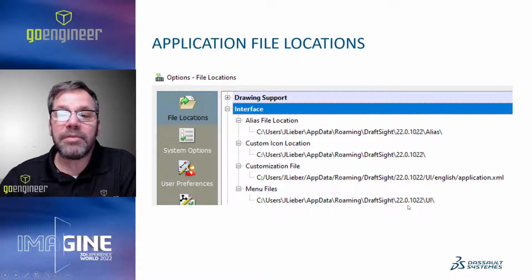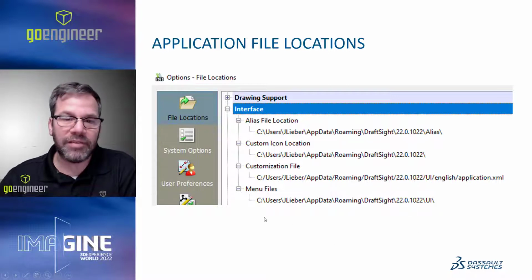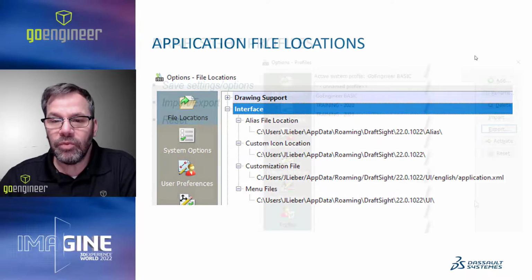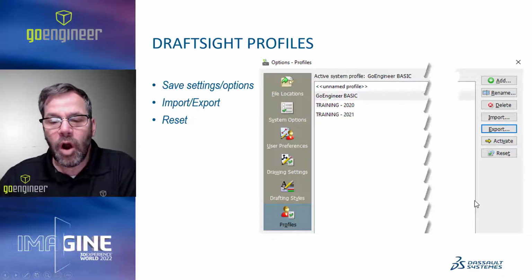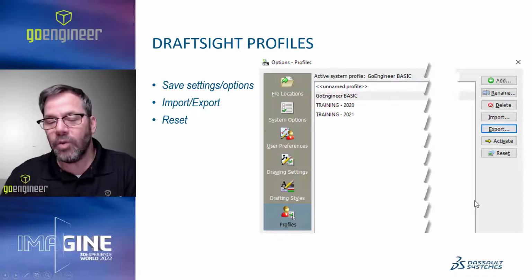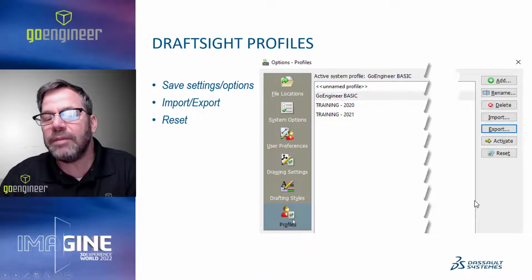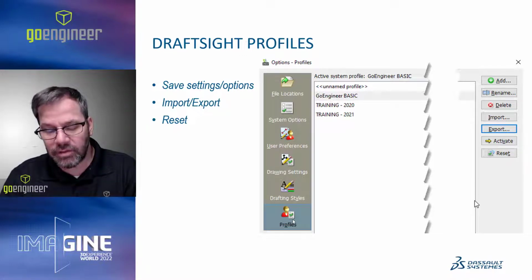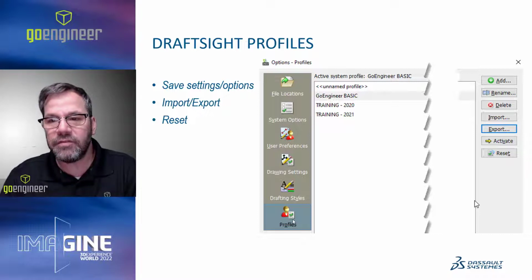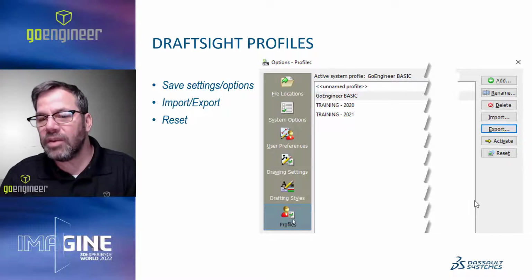But after we look at the application stuff, we have our DRAFTSIGHT profiles. Now, in the file locations, that's where those first two screens came from. All the way down here is profiles. If you want everyone to be using the same configurations, whether we're talking about the file locations, the interface locations, menu customizations, any of that kind of fun stuff, you can actually set those up as profiles.